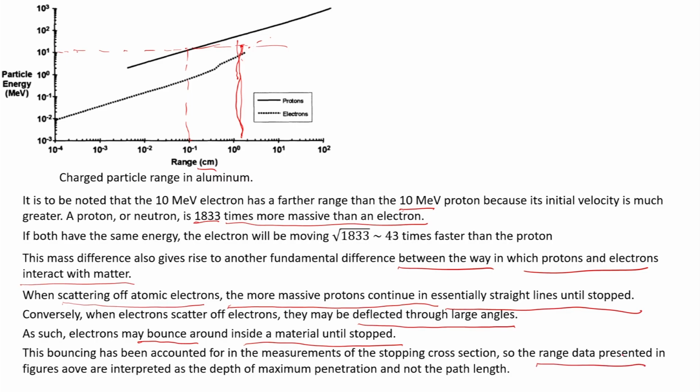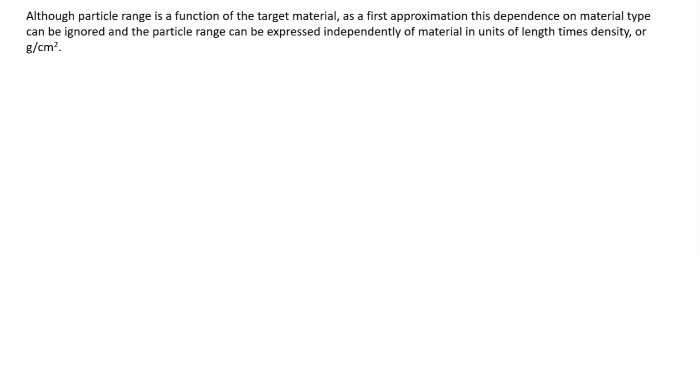The range data presented in these figures are interpreted as the depth of maximum penetration and not the path length. Although the particle range is a function of target material, as a first approximation this dependence on material type can be ignored, and the particle range can be expressed independently of material in units of length times density, that is gram per centimeter square.